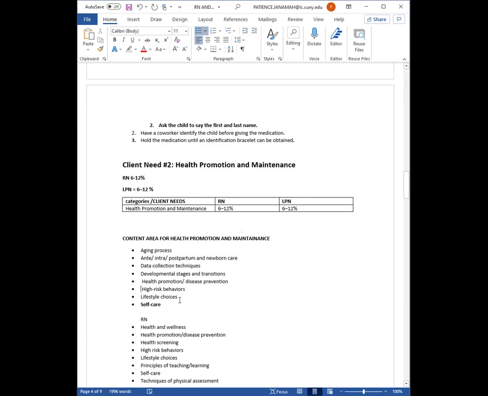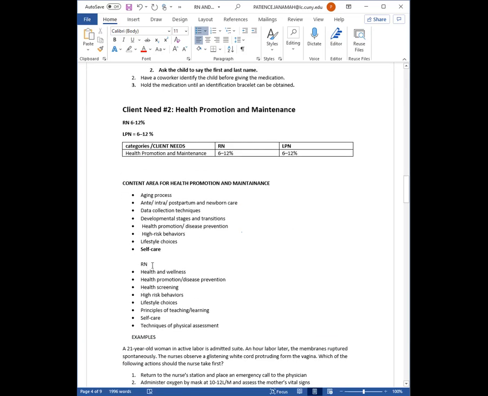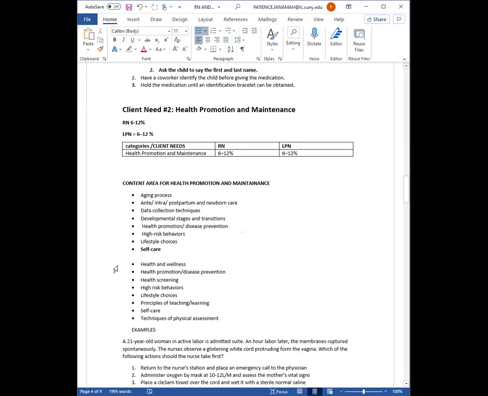We have the high-risk behaviors, lifestyle choices, and self-care. Now, I put the RN and here, it doesn't mean it's only for RN and. Everybody needs to know. We have health and wellness, health promotion or disease prevention. You have to know infection precaution measures. That's the disease prevention stuff.